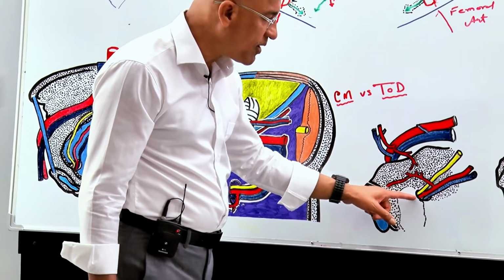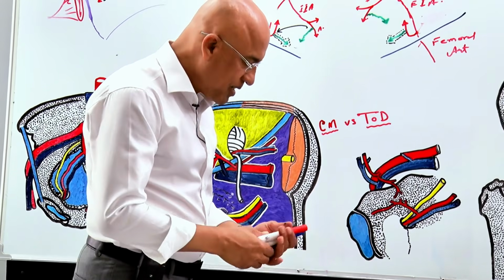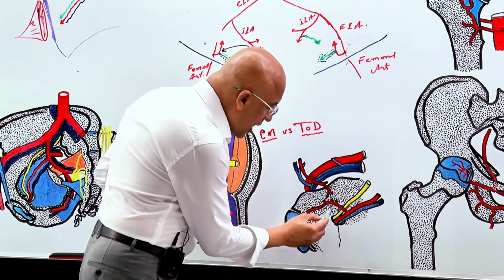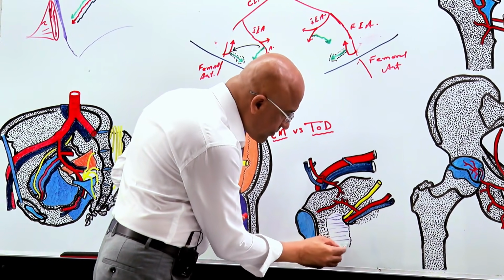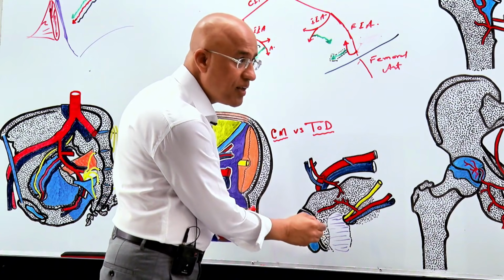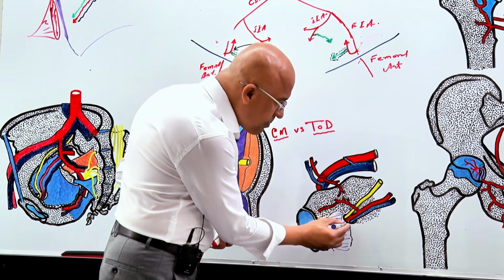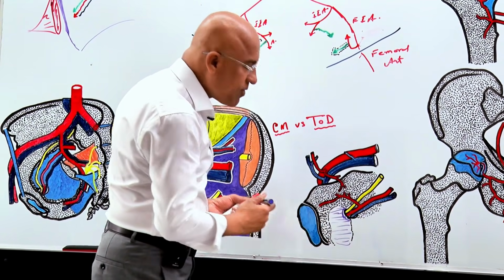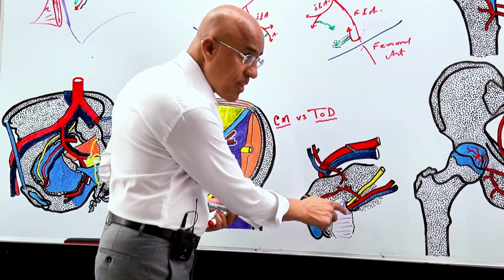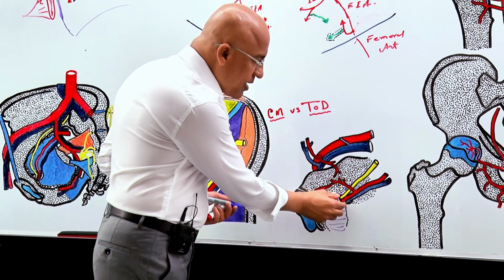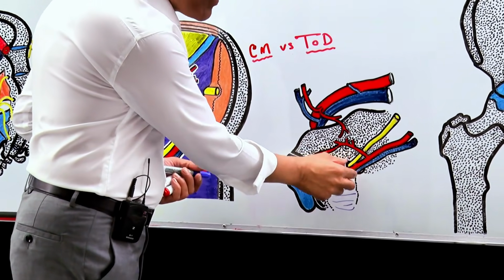It's the posterolateral part of the obturator foramen. Almost all of the obturator foramen is covered by the obturator membrane. But there is a gap in the posterolateral part of the obturator foramen, and this gap has fascia. What is this fascia here?